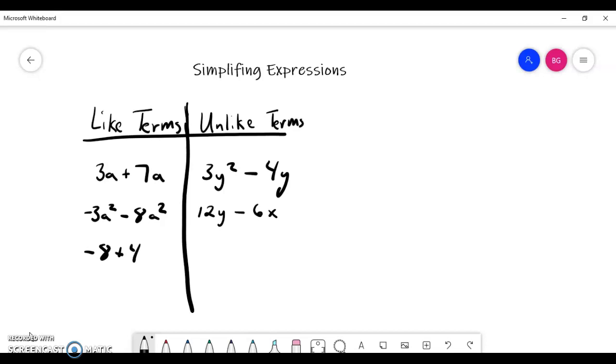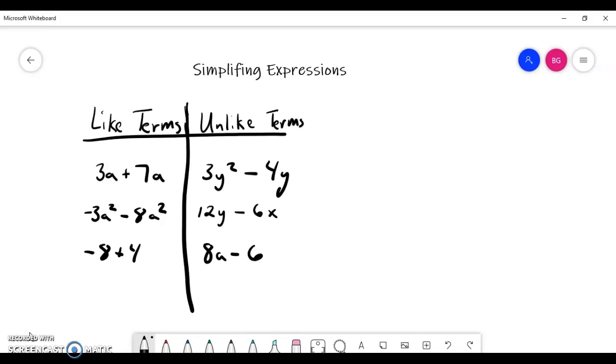They're both constants, a negative 8 and a positive 4, so they can be combined. Those are like terms. An unlike term with a constant would be 8a minus 6. The first term has an a, but the second one has no variable, so they cannot be combined together.